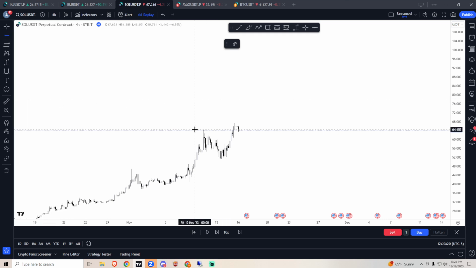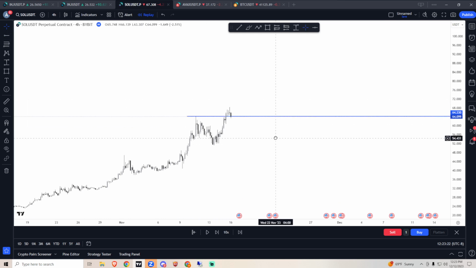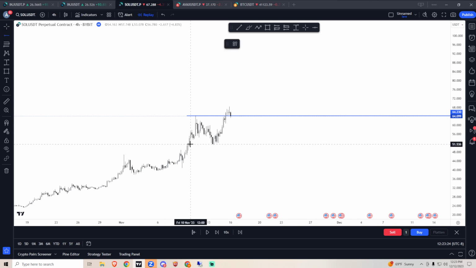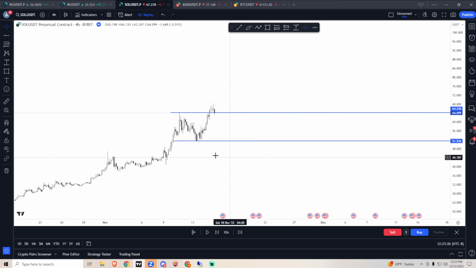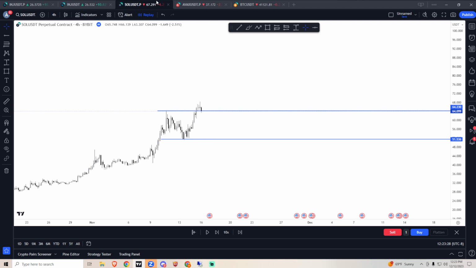This was for those that follow me on Twitter. Okay, this was the Sol example that I gave. I'm going to try to find it really quickly and post the chart. One sec.